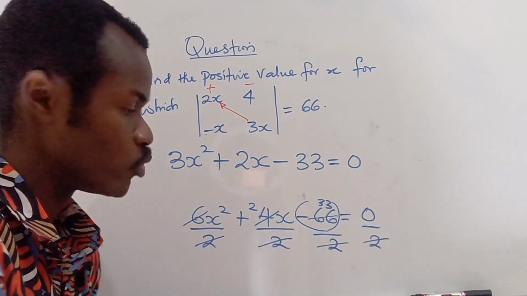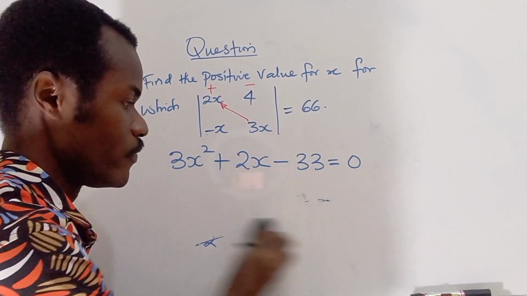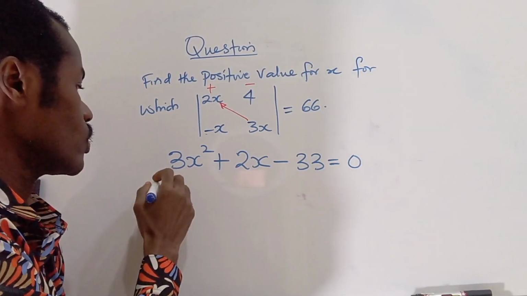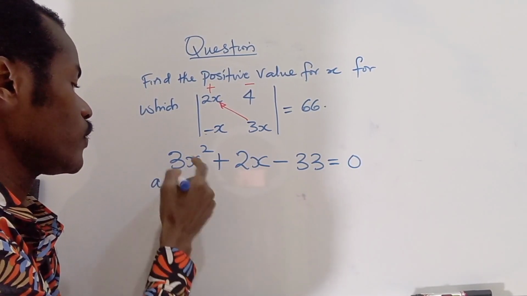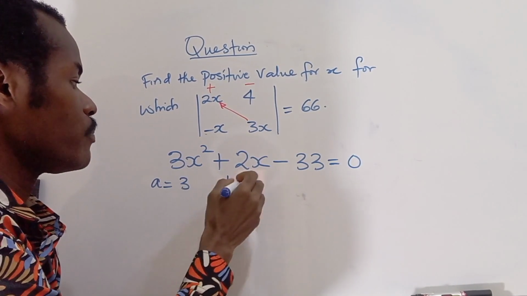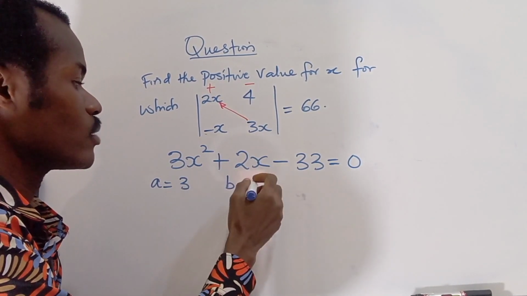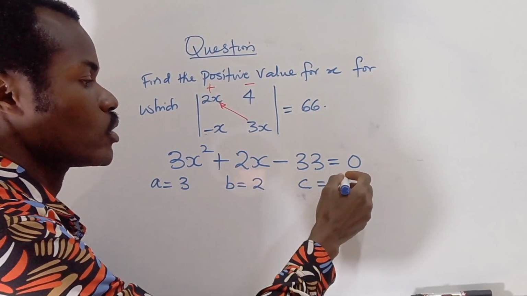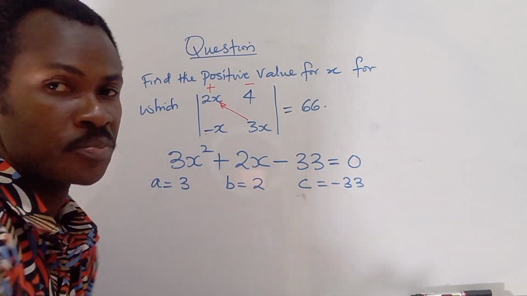Now that we've been able to reduce the values, we can get our ABC. My A here is this coefficient, which is 3. Our B is the coefficient of x, which is 2. And our C is minus 33.